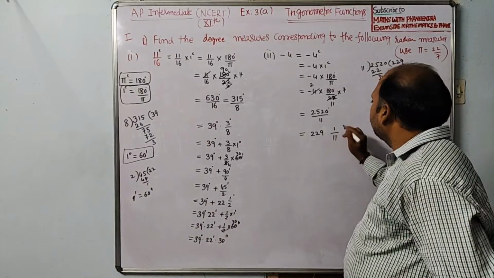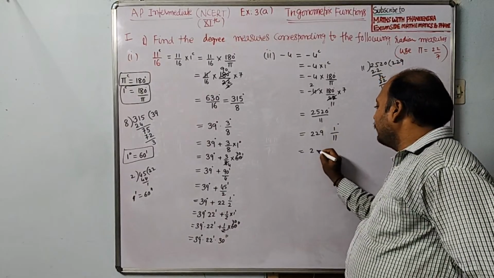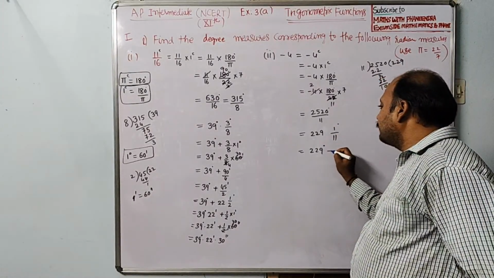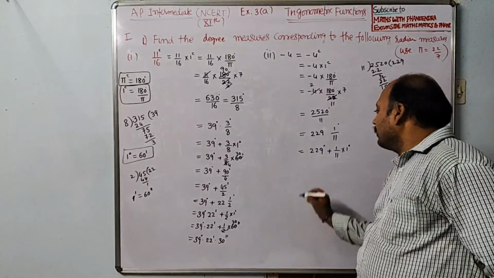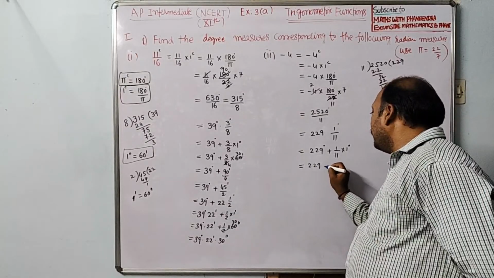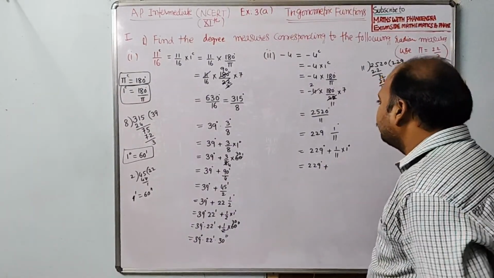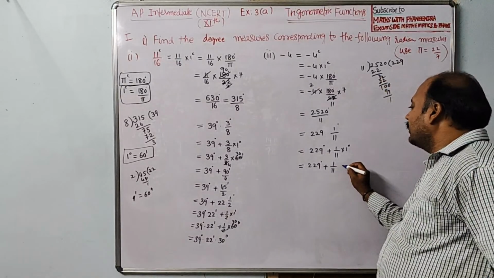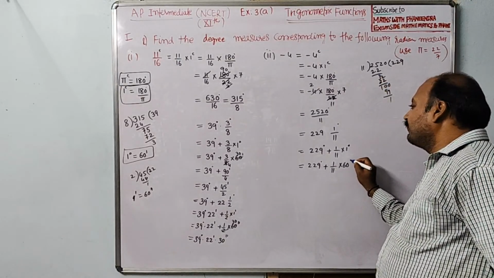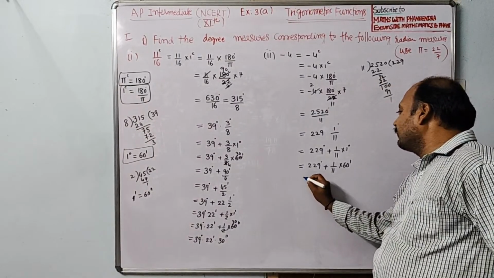So total we can write it. So this can be done as 229 degrees plus 1 by 11 into 1 degree. So which is equal to 229 degrees plus 1 by 11. 1 degree means what we can write again? 60 minutes.